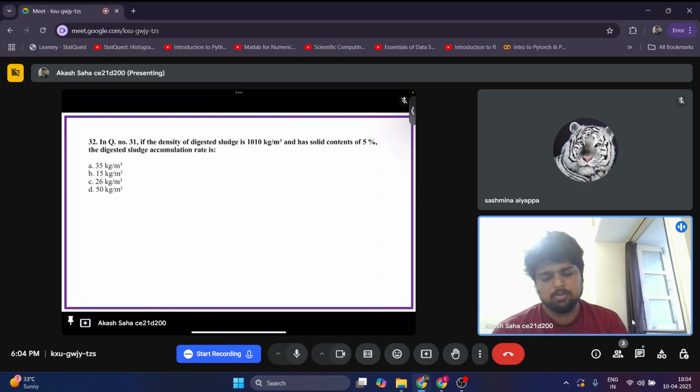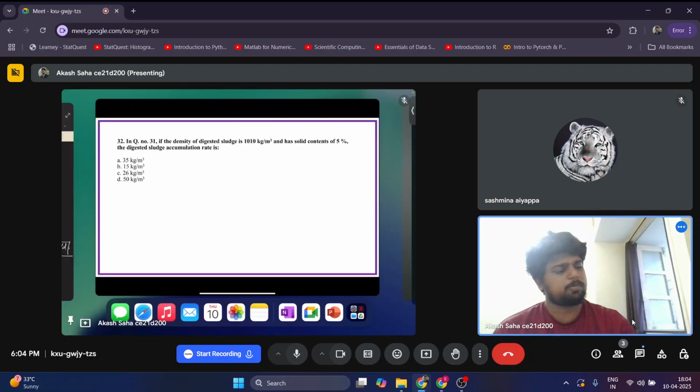So we got around 1360.25 kg per meter cube of sludge. So if we have the solid content and the density, we can calculate the digested sludge accumulation rate.